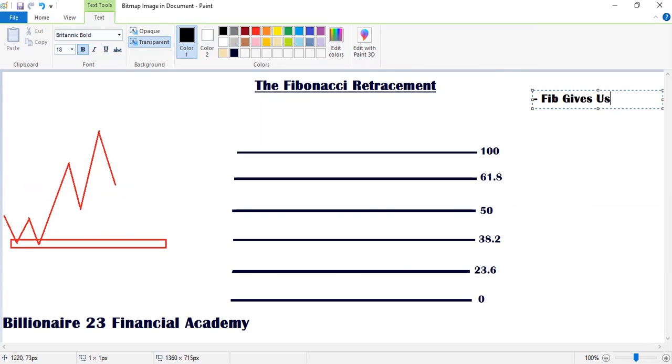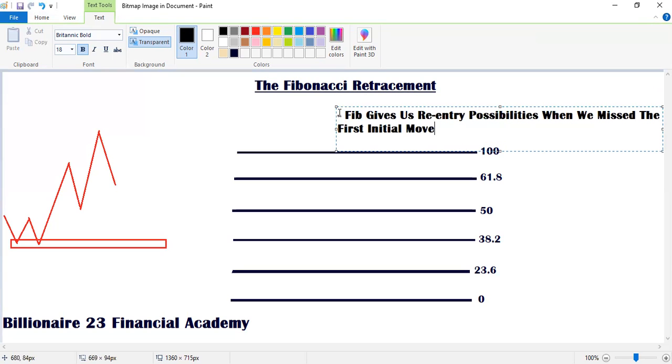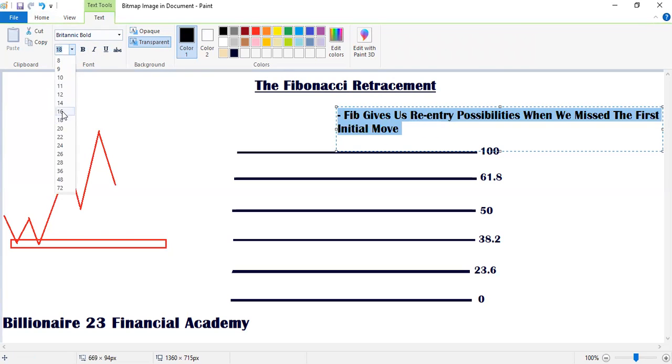It gives us re-entry. Okay, the Fibonacci retracement gives us potential re-entry possibilities when we missed the first move up or the initial move up.